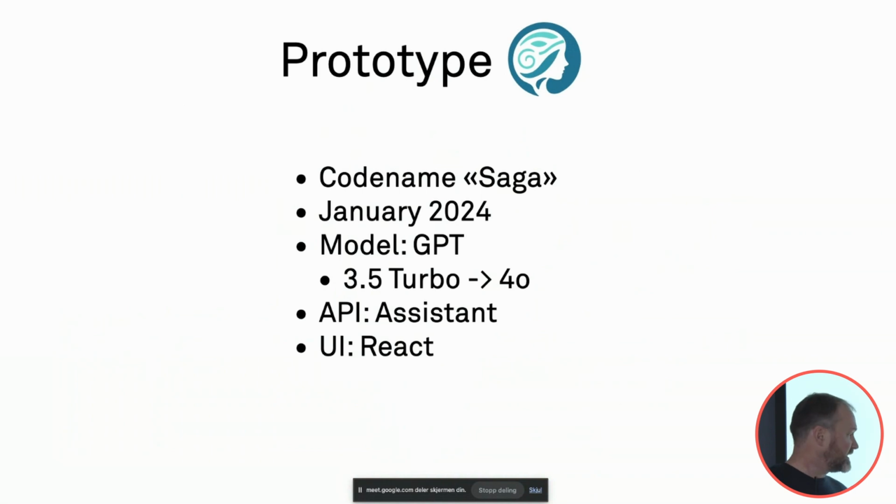We also used an API called the Assistant API. That is a stateful API where you start a discussion, you start a thread, and then OpenAI keeps track of what has been discussed. So we didn't have to deal with that in the prototype. And we wanted to use React to make the UI, to do something new there and try that out.